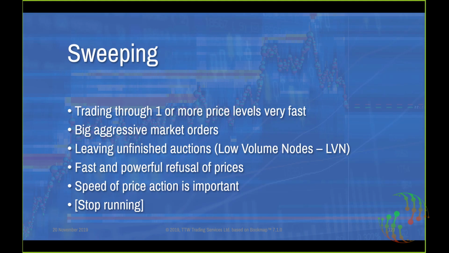By that I mean there are several price levels which have not been traded. It leaves so-called low volume nodes, or you can also call them gaps. It's up to you how you see that.